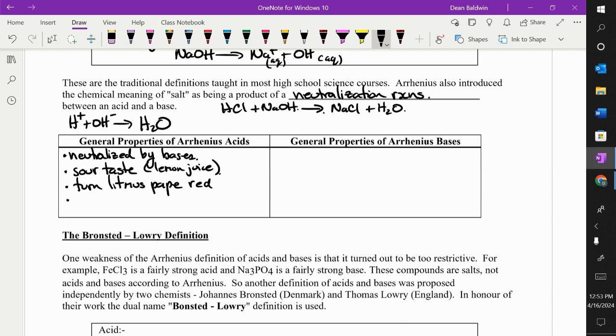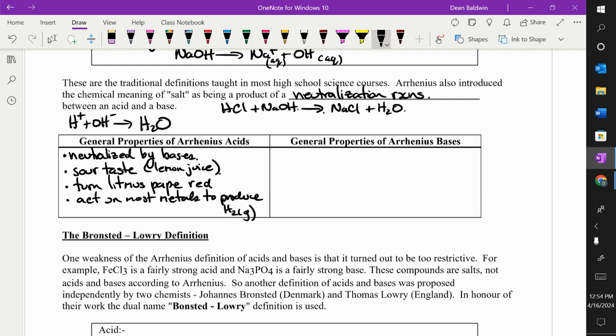They act on most metals, not all, to produce hydrogen gas. Reacted with zinc, I think, in grade 10. You collect the hydrogen gas, put it in a balloon, you go pop, or you put it in the test tube, go pop. Did you do that in grade 10? Yeah, that's kind of a common one. So those are some general properties of the Arrhenius acids.